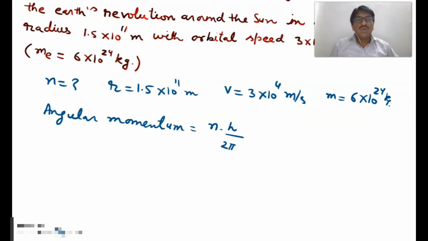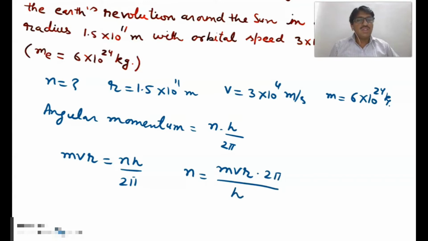We know that angular momentum is mvr, so it should be equal to nh upon 2π, and n should be mvr × 2π upon h.